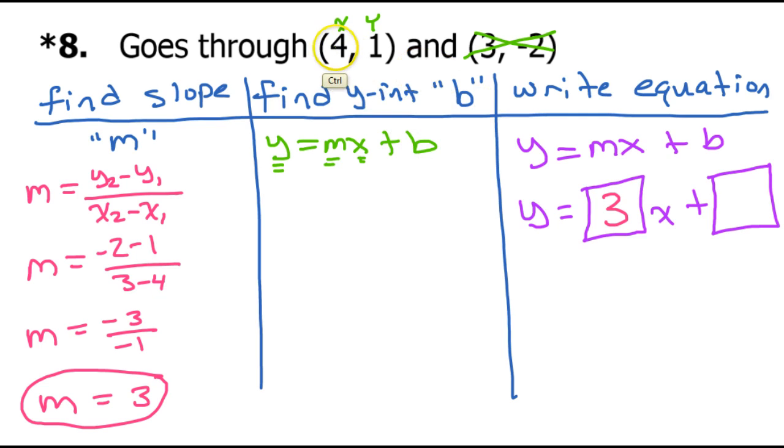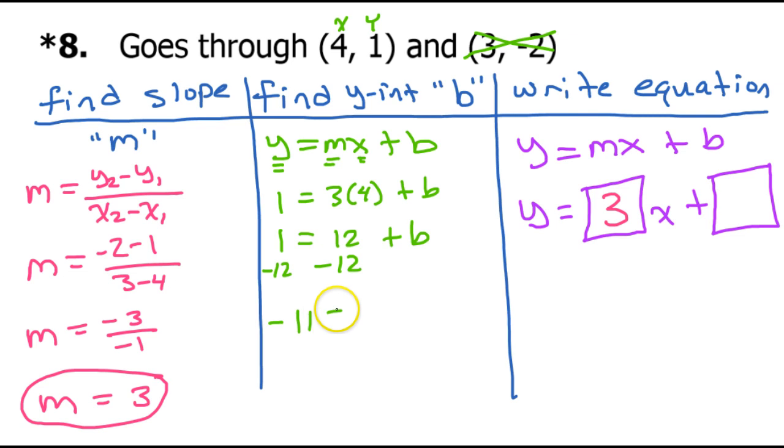So the y value is 1 that I'm going to use. The slope is 3, that's the m. The x is 4, and I'm trying to find b. So 1 is equal to 12 plus b. Subtract the 12, and you get negative 11.